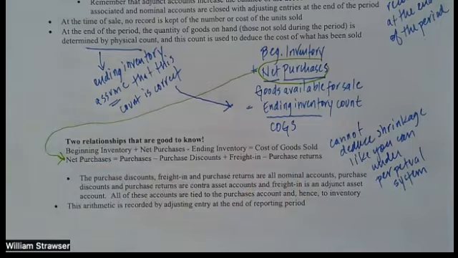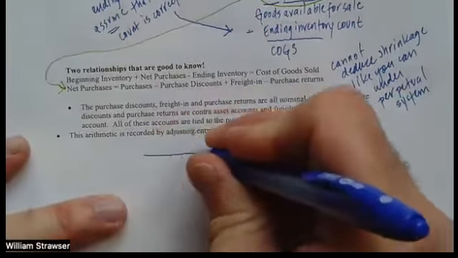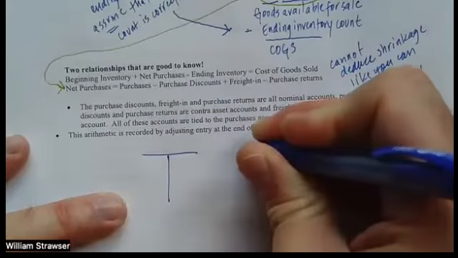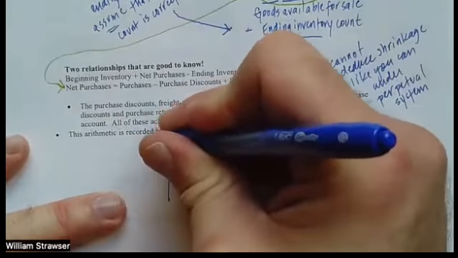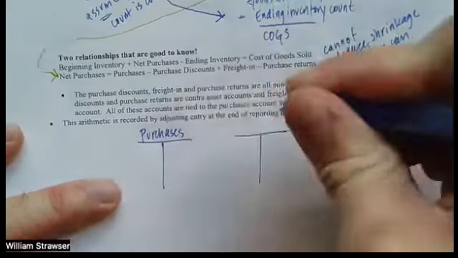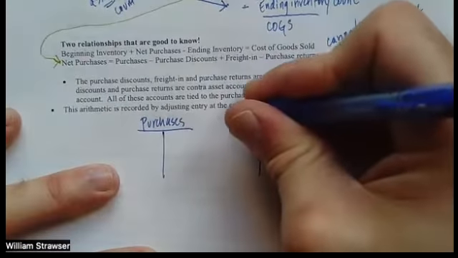And then I have a contra account that tracks all of my returns that I make. Now, under the periodic system, a lot of accounts, different contras, different adjuncts. I'll write them down here just to give you a sense of them all. There's 2 adjunct accounts that separately track, okay, this is just the invoice price of my purchase.